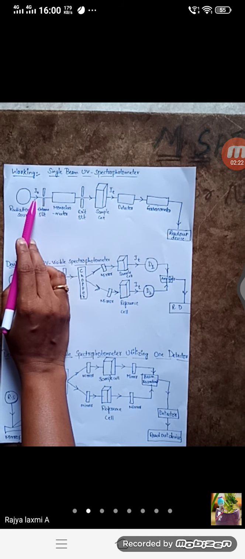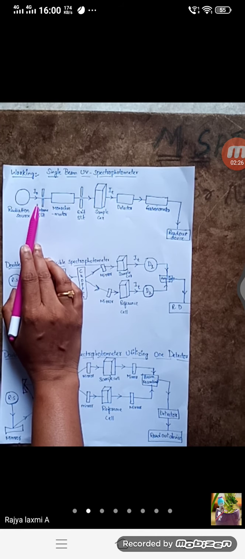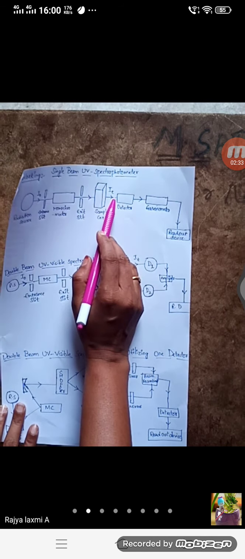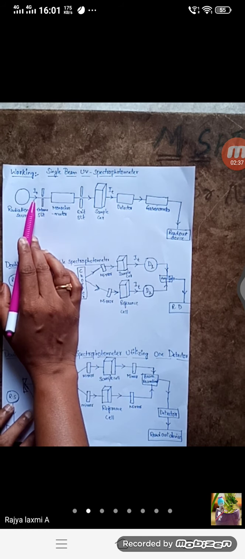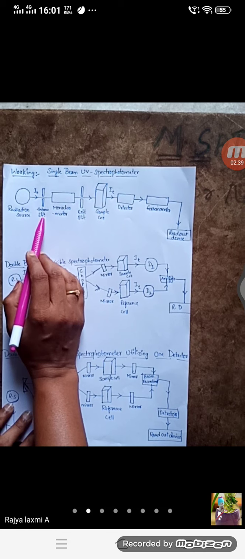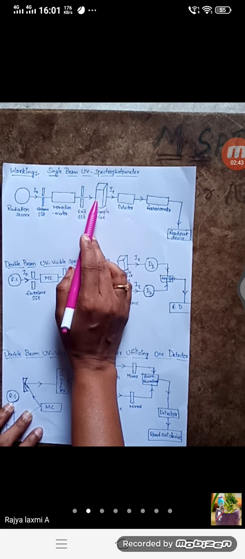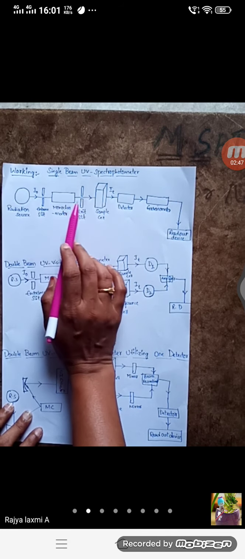After the sample cell, the transmitted light continues. From the radiation source, the intensity of light passes through the entrance slit, the monochromator, up to the sample.